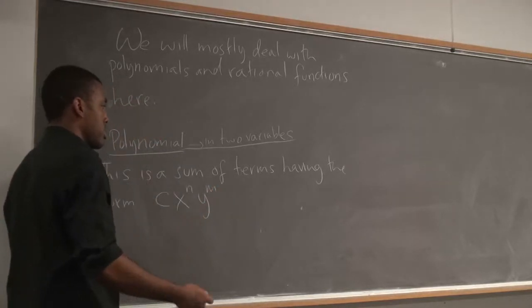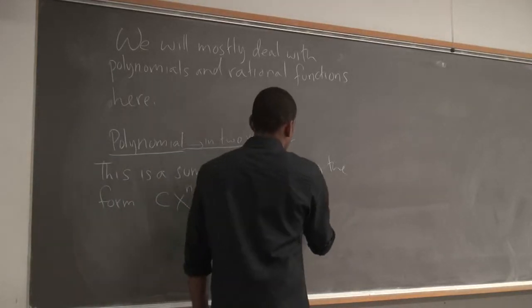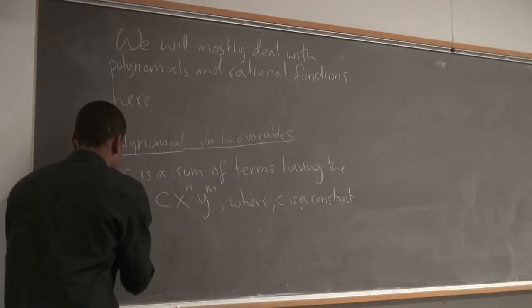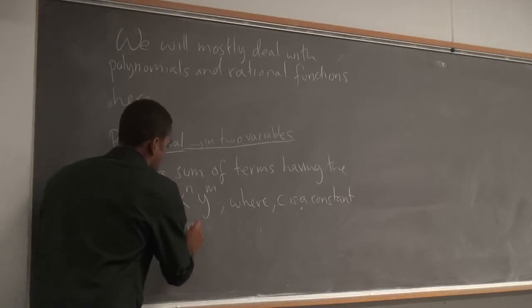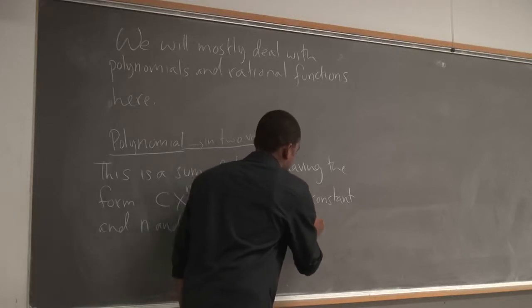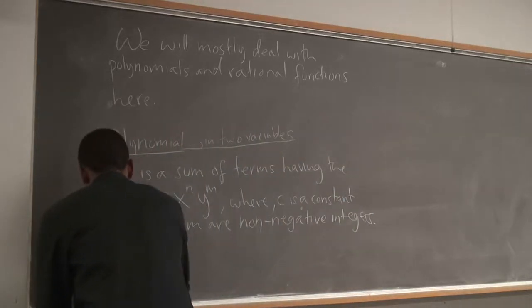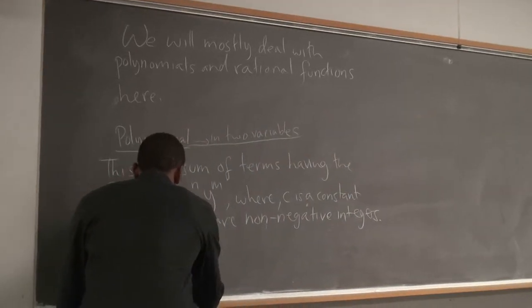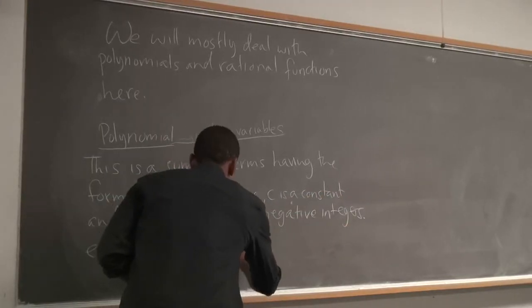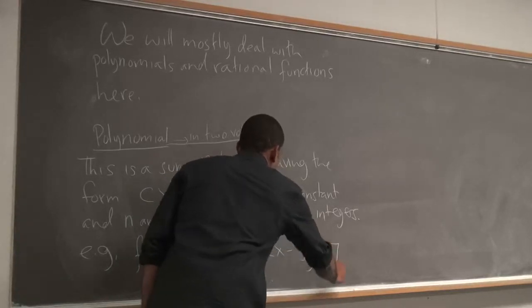You have a bunch of terms that look like this and you add them all together, where c is a constant and n and m are non-negative integers. So, for example, something like 5x squared y plus 2x minus 3y plus 7 is a polynomial.